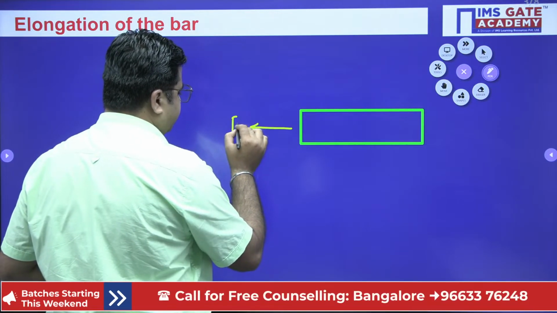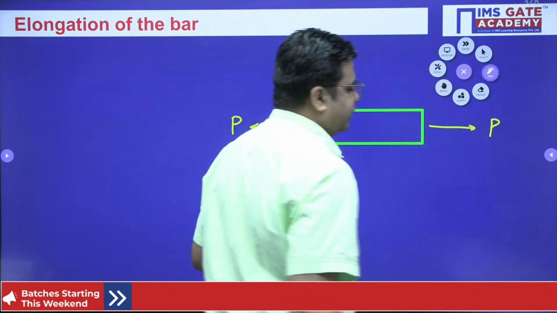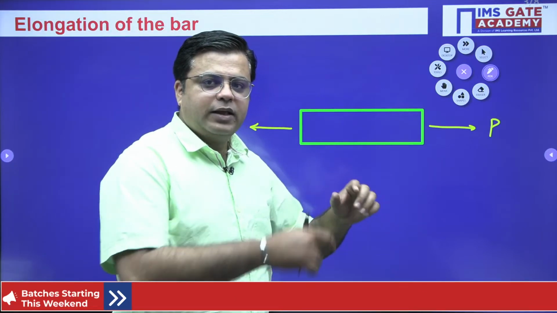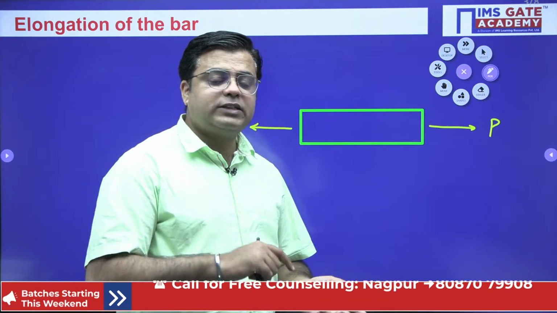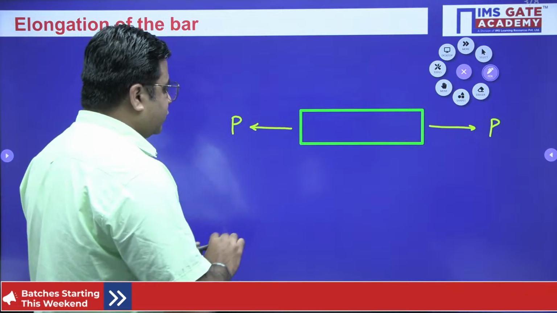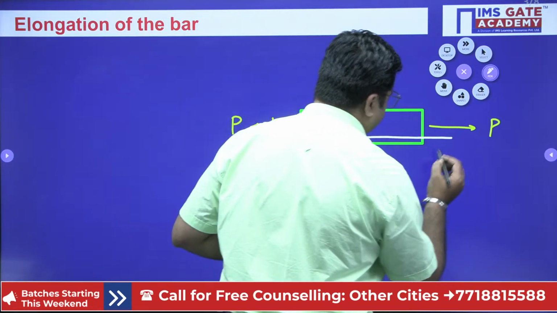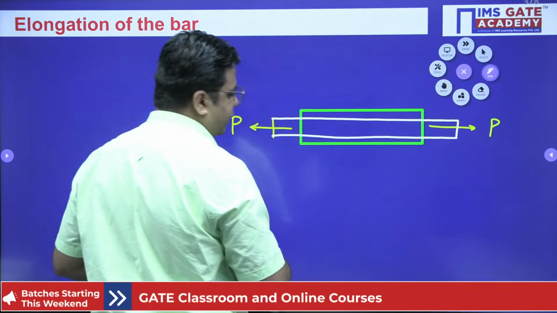So, this P is my tensile force that I'll apply over the bar, and it is very much clear that if I apply the tensile force, this bar will undergo deformation or elongation. How much elongation this bar is undergoing, that we need to calculate, right? So, we need to calculate the amount of elongation this bar will undergo.